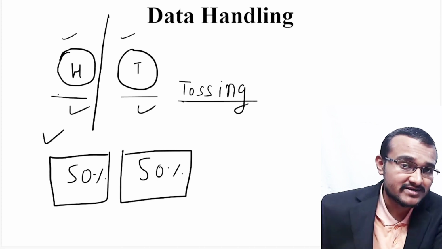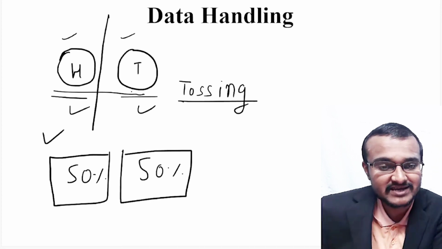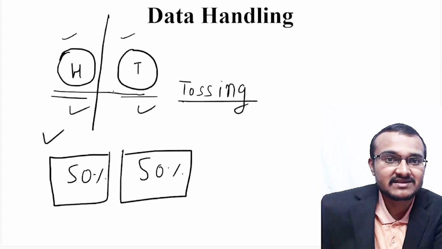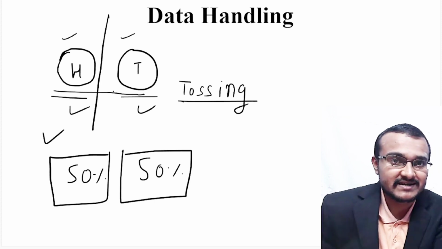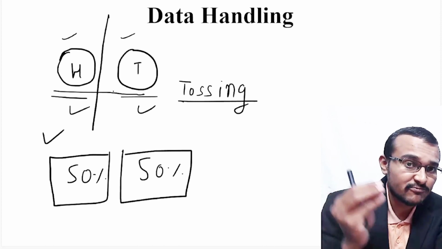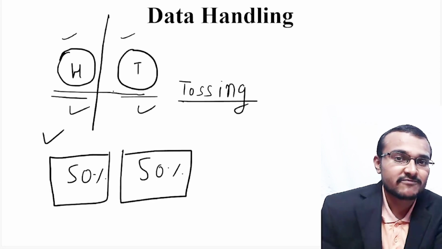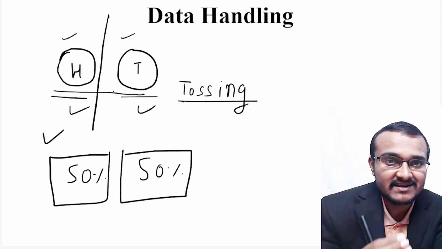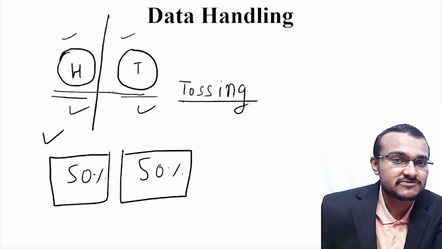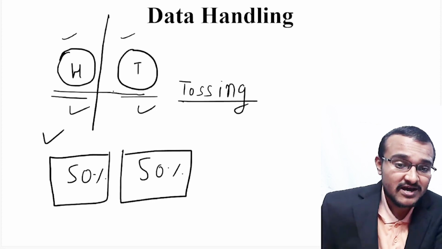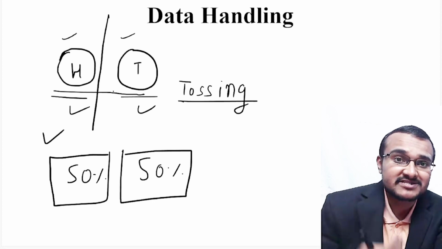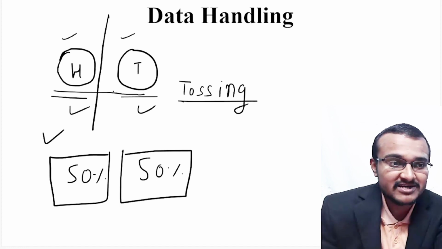When either head or tail was fine for me, probability was 100%. But when I specifically want head, my probability reduces to 50%. Or when I specifically want tail, probability reduces to 50%. That shows whenever the outcomes increase, the probability reduces for each outcome.